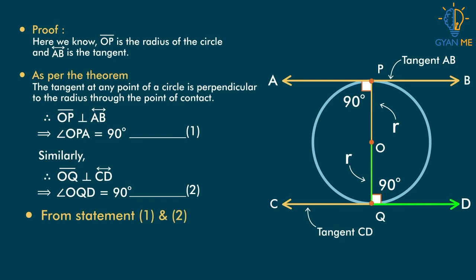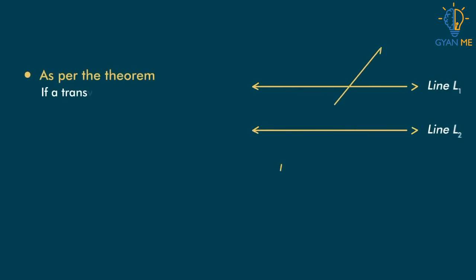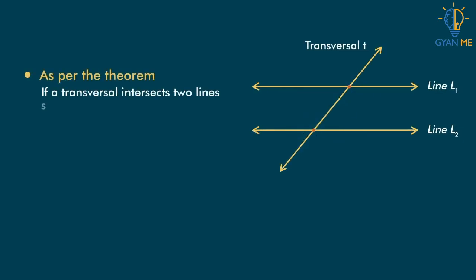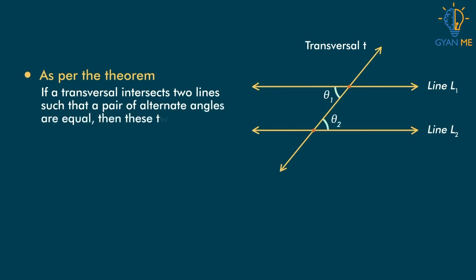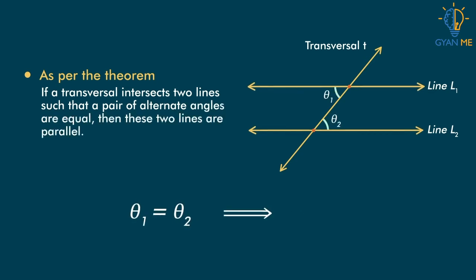So from statements 1 and 2, we can see both the angles are equal. We also know one more theorem, that if a transversal intersects two lines such that a pair of alternate angles are equal, then these two lines are parallel.